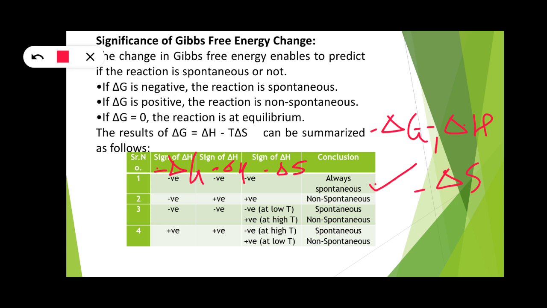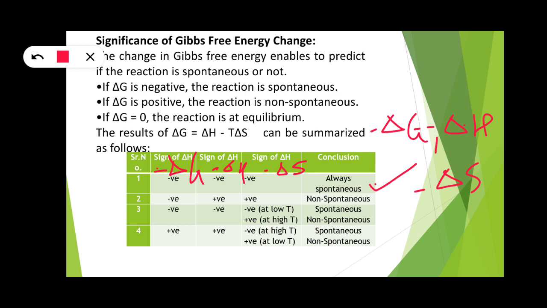Now if delta G is negative but delta H and delta S are positive, then that process becomes non-spontaneous.